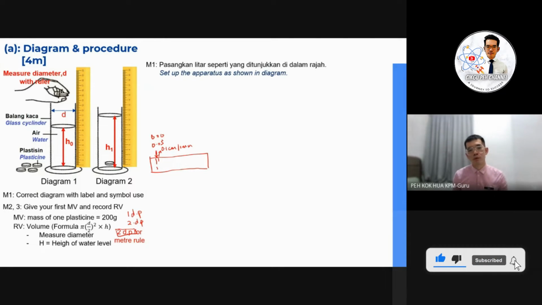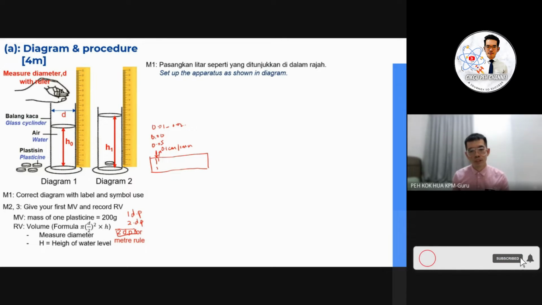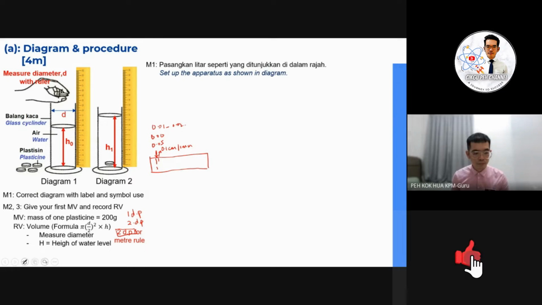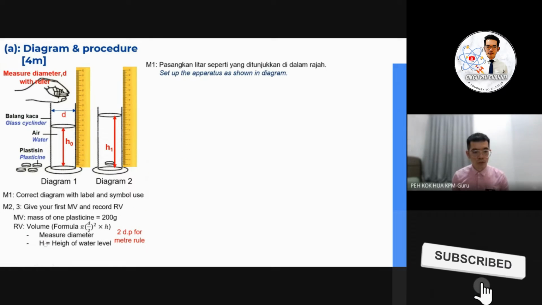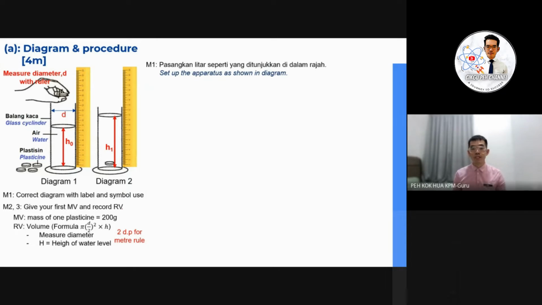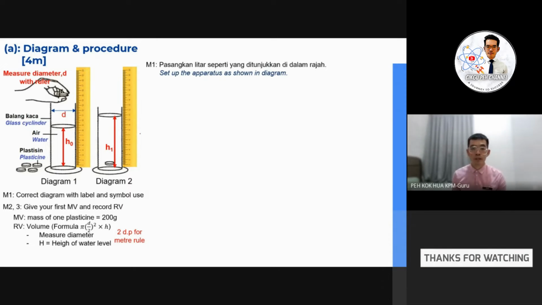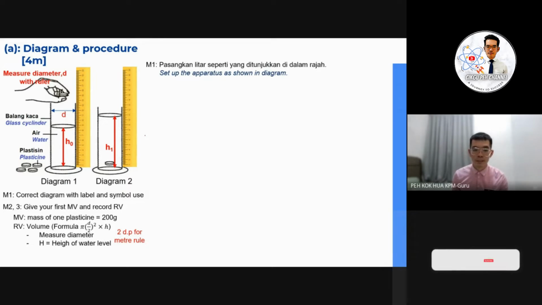It is not possible for you to measure 0.01, 0.02 or others. So there will be only 0.00 and 0.05 for your second decimal if you're using the meter rule. I hope you can understand how to give your decimal places in your measurement correctly, according to the sensitivity of your apparatus.